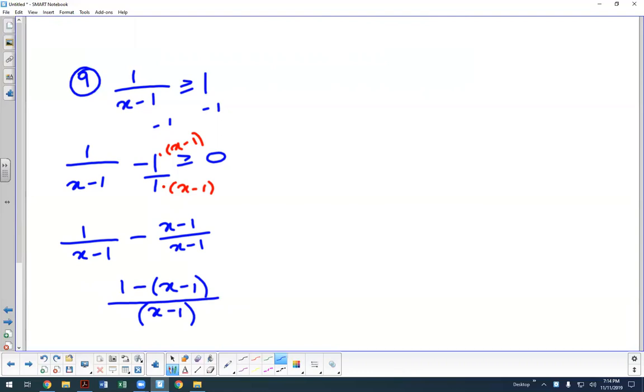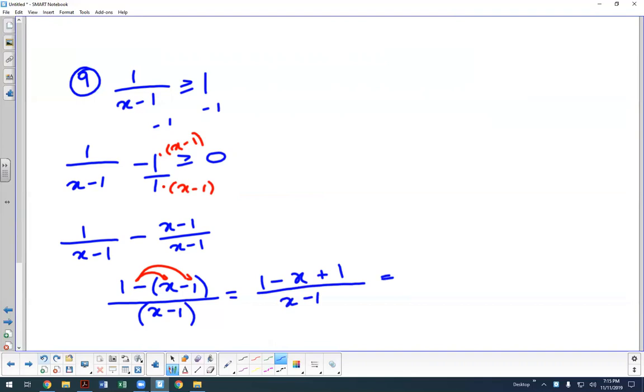Anytime you have a minus sign, make sure you're putting the second expression in parentheses because we need to remember to distribute that negative sign. If we don't, it will completely change the value of our expression, obviously giving us the incorrect answer. So that ends up becoming 1 minus x. And of course, negative times negative becomes positive 1.